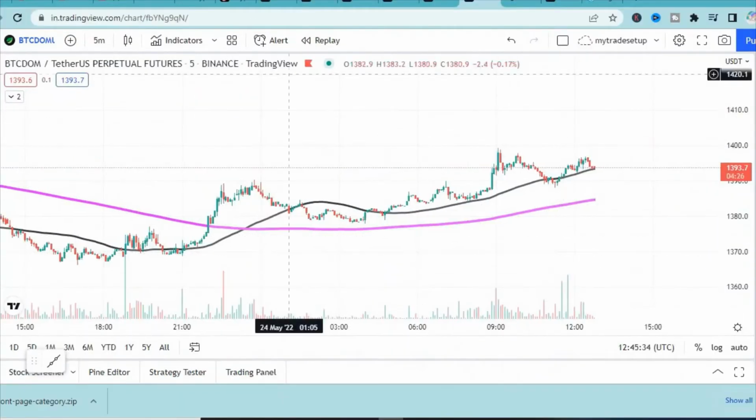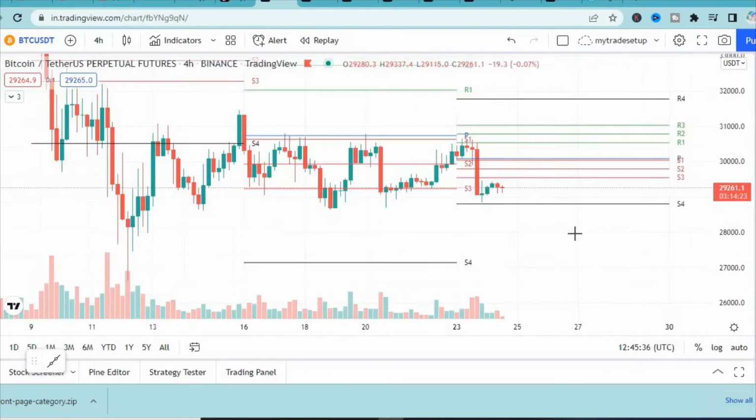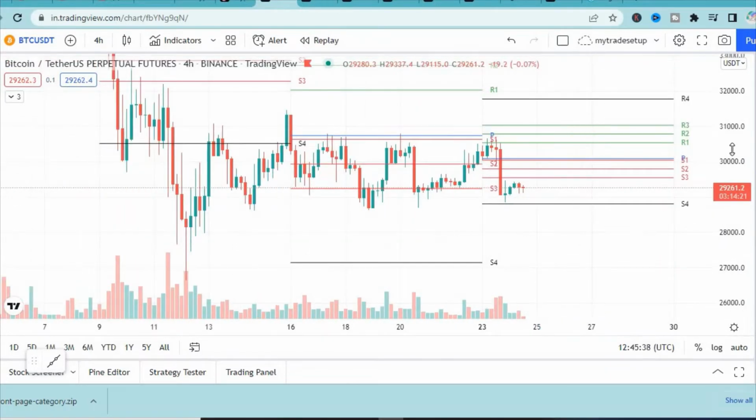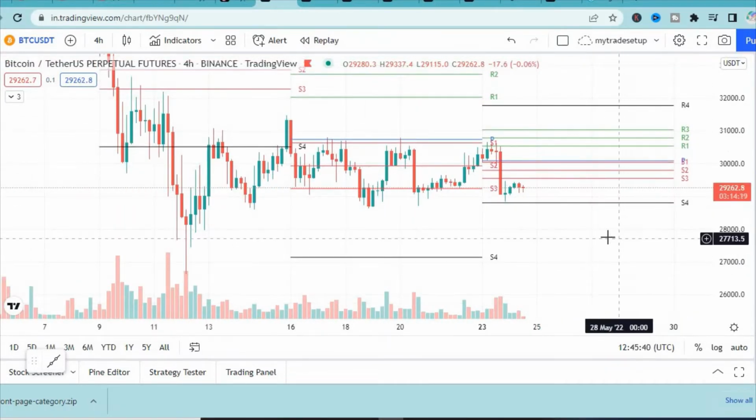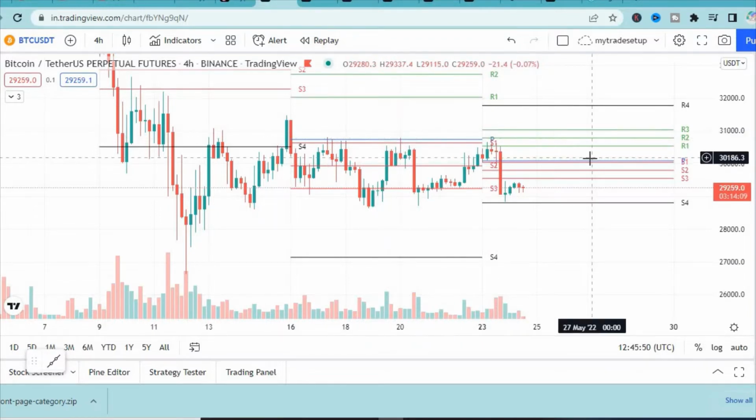If we analyze other technical pictures of Bitcoin, first we will review this Camarilla pivot point. What happened when it was trading near the previous week's pivot point? This is the previous week's pivot point. For this week, this is the pivot point.